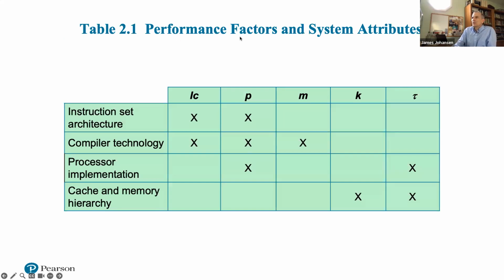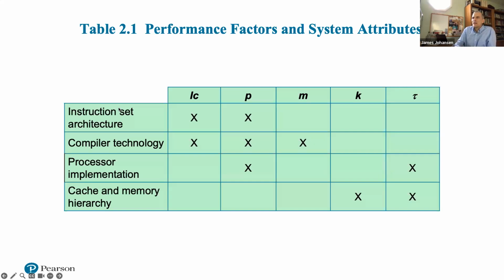Here is a chart of some performance factors and system attributes. We're going to get a chance to talk about instruction set. I mentioned two terms, RISC, reduced instruction set computing, and CISC, complex instruction set computing.